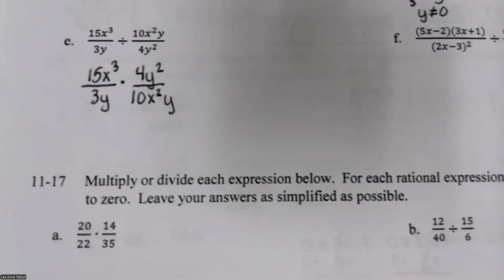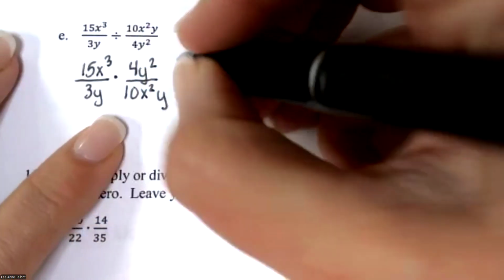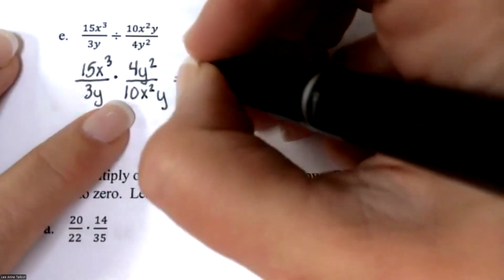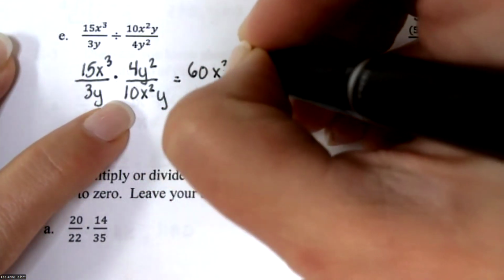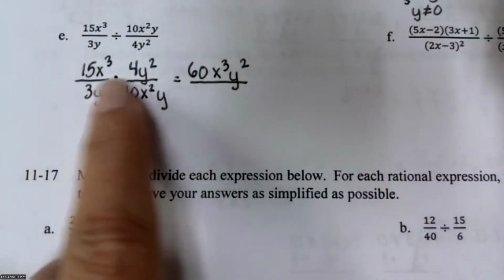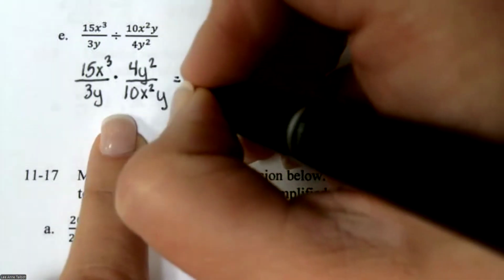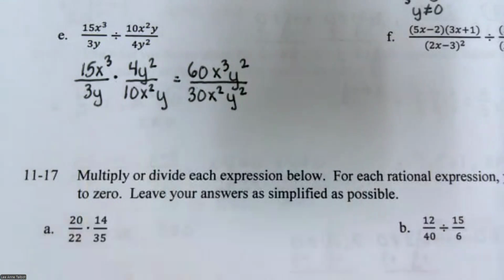Depends on your brain. Okay, so let's combine first. So the top would be 60x cubed y². Does that make sense? And the bottom would be 30x² y².